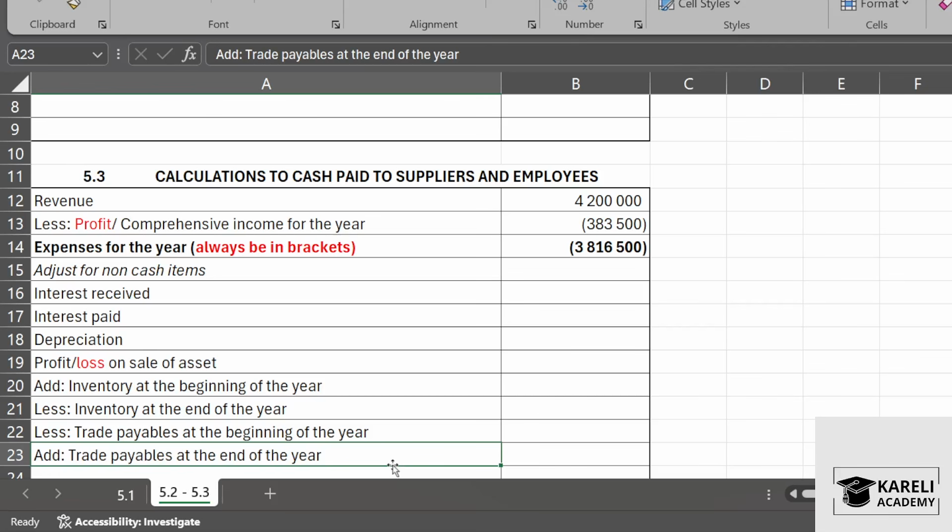Now, these are the amounts that we are going to need. Right? Now, what is interest received? Interest received can be interest on current account, or any interest that you receive, interest on fixed deposit. Now, where do you get the interest?